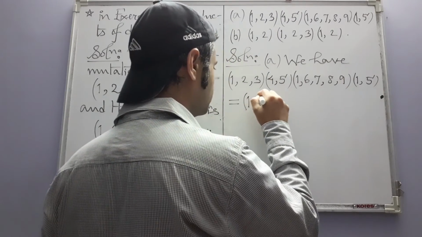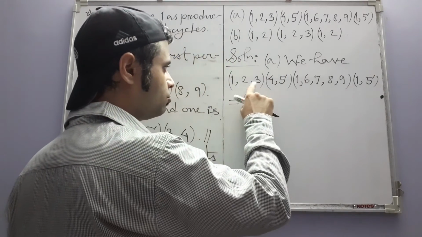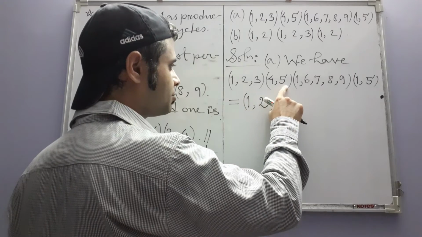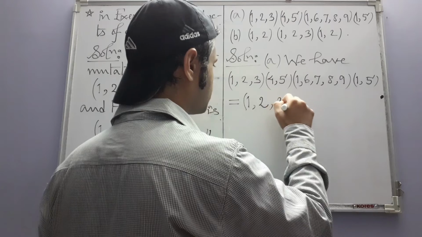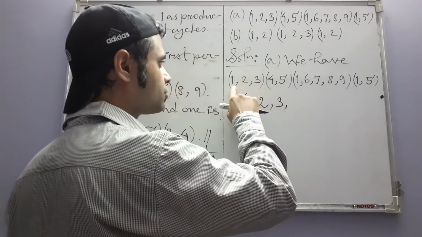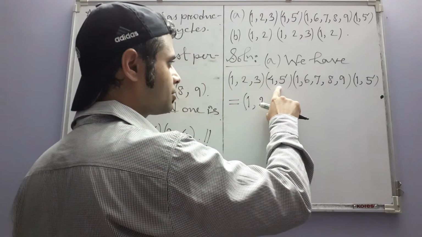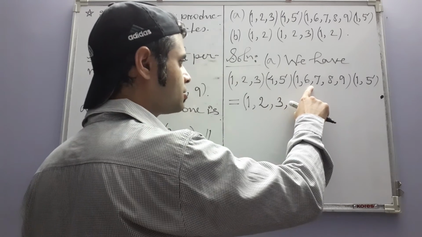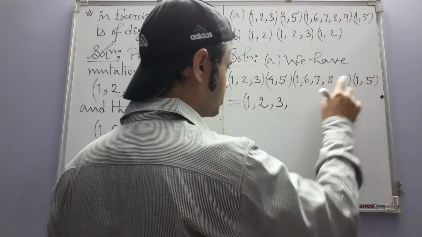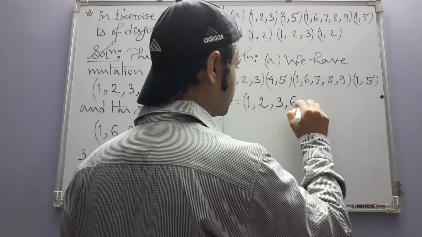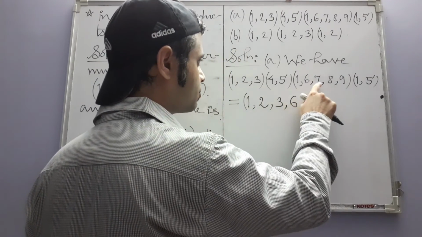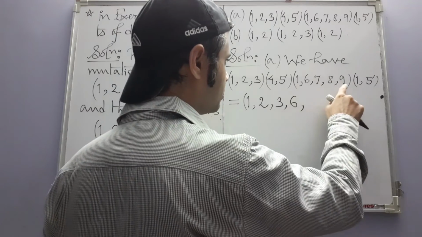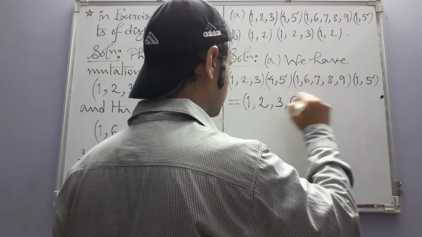So 1 goes to 2. 2 goes to 3. 3 is kept fixed. 3 goes to 1. This one does not change 1. This one then sends 1 to 6. And this one does not change 6. So 3 goes to 6. 6 is unchanged by the first two, 6 goes to 7 by this one, and this one does not change 7, so 7.